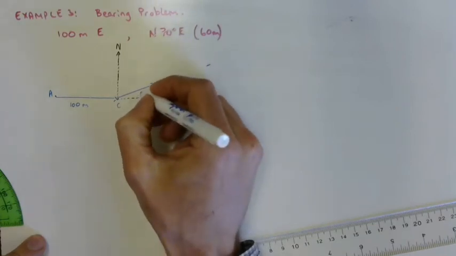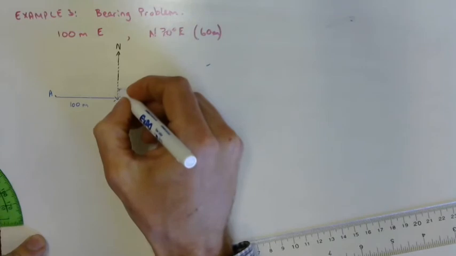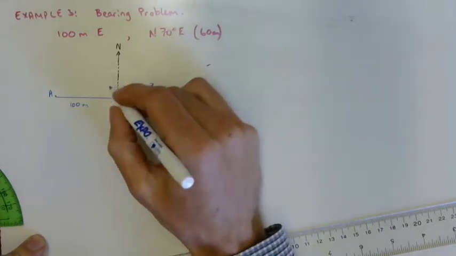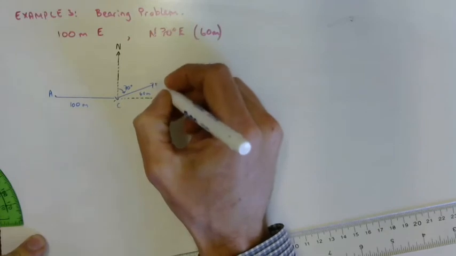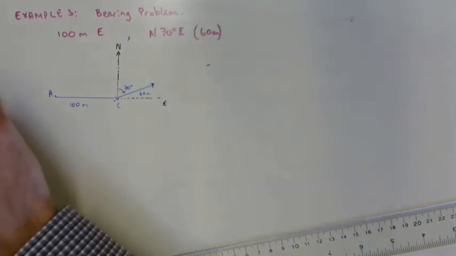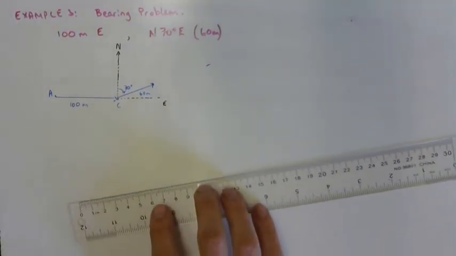Okay, this is now 60 meters. We've done it at an angle of 70 degrees from north to east. And we have this end point. So we have enough information here to draw our resultant. I'm going to do that in red.